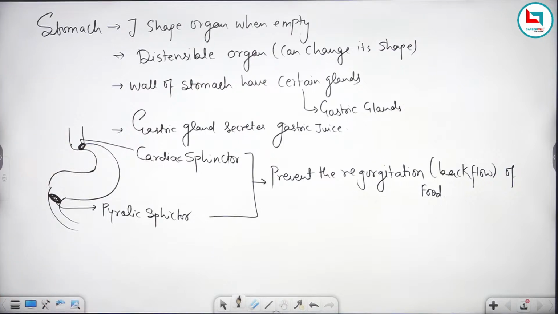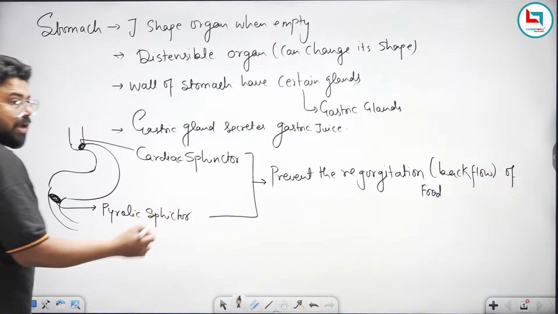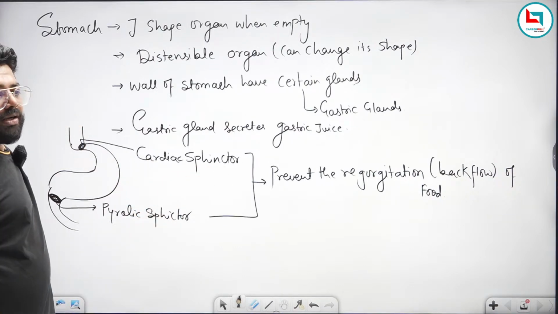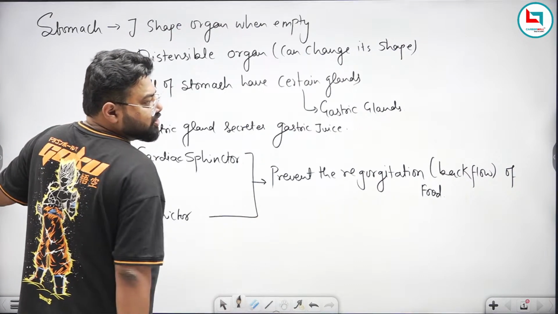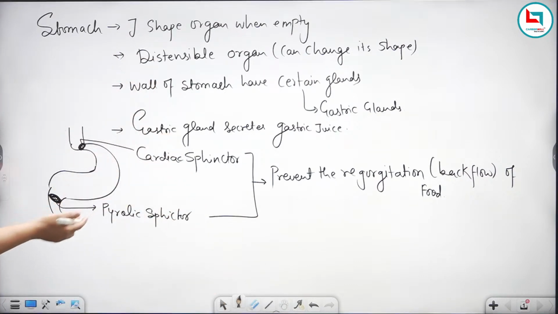So stomach is a J-shaped, distensible organ. It can change its shape. Its wall has certain glands, we call them gastric glands. At the initial start of the stomach and at the later end of the stomach, there are two different sphincters. One is the cardiac sphincter, another is the pyloric sphincter, and these sphincters prevent the regurgitation or backflow of the food.